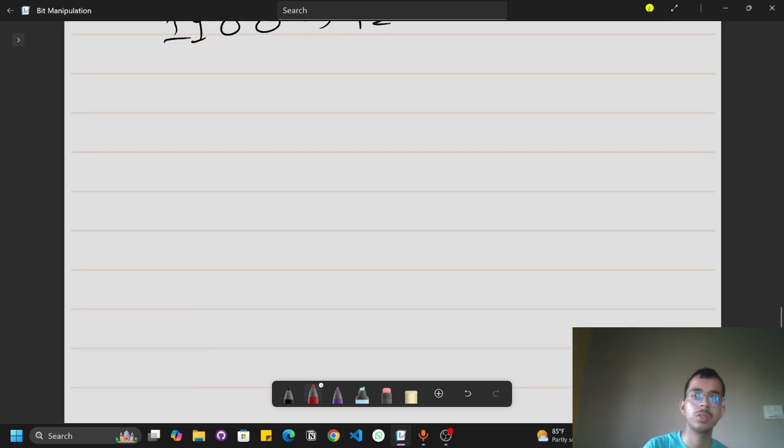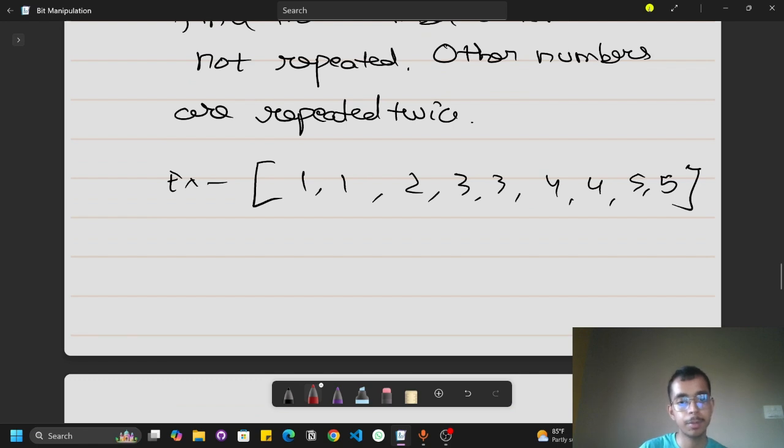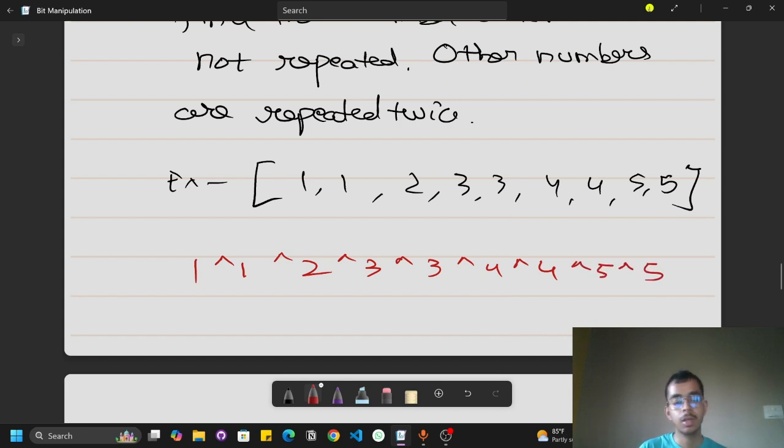Okay. So with this property, what we can do is, if I take XOR of all the elements here, let's say 1 XOR 1, XOR 2, XOR 3, XOR 3, XOR 4, XOR 4, XOR 5, XOR 5.